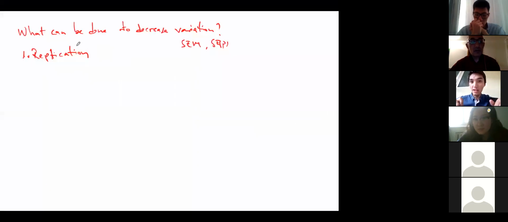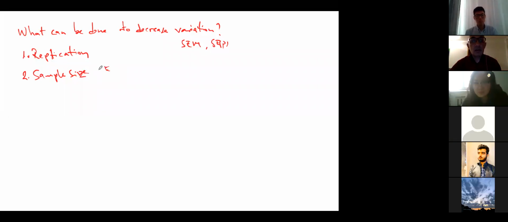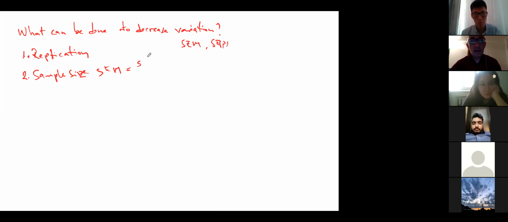The other solution is sample size. Why sample size? Because we know that the standard error of the mean is related to the sample size. I asked in the previous class, and you said the formula was standard deviation divided by square root n.